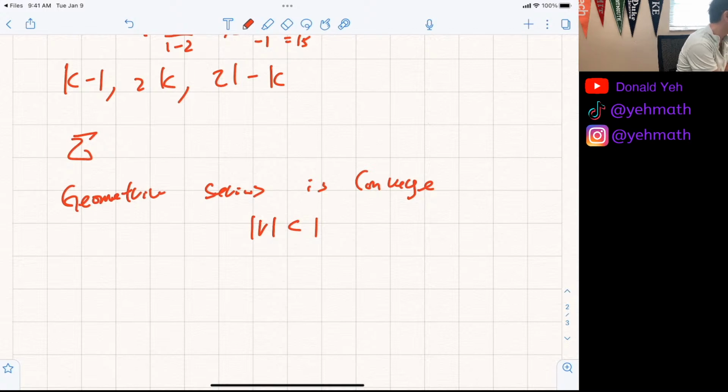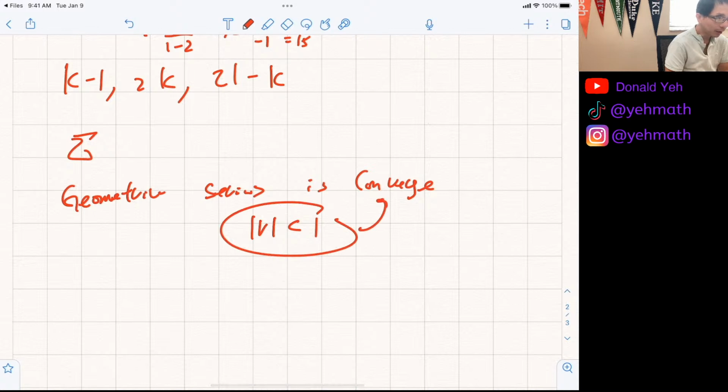Then that diverges, right? So it's not r, it's the absolute value of r. But what if r is equal to 1? It's still adding all the terms, so it diverges. Okay, so it has to be less than 1 in order to converge.